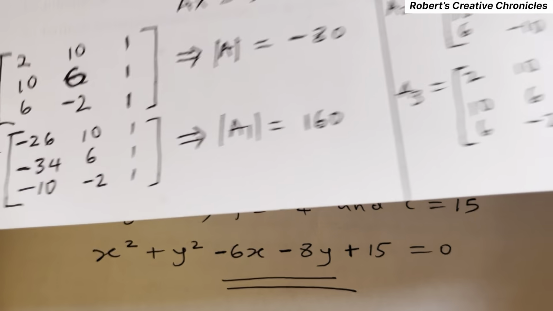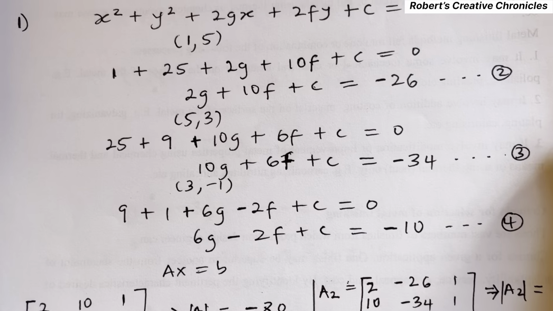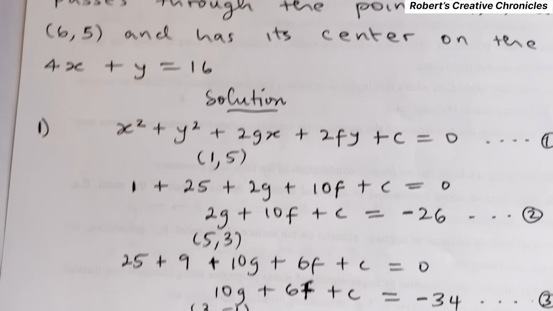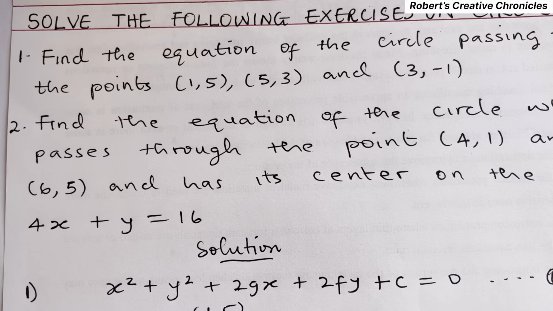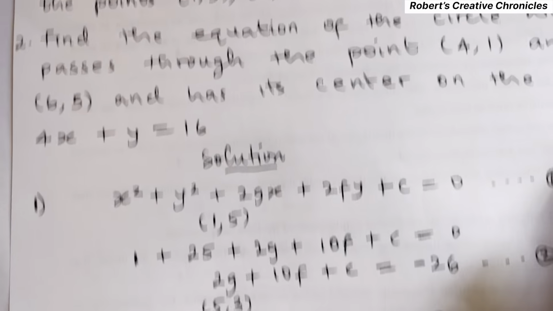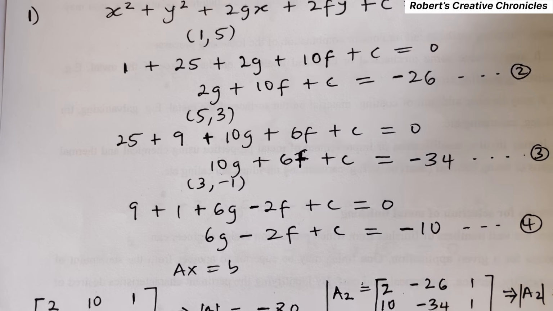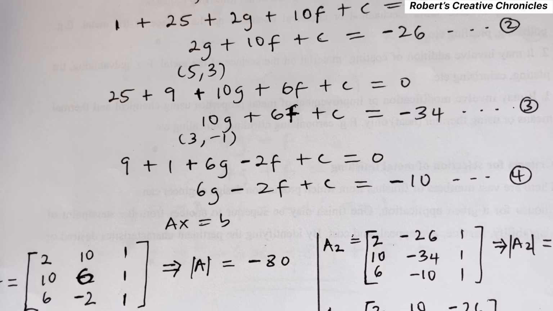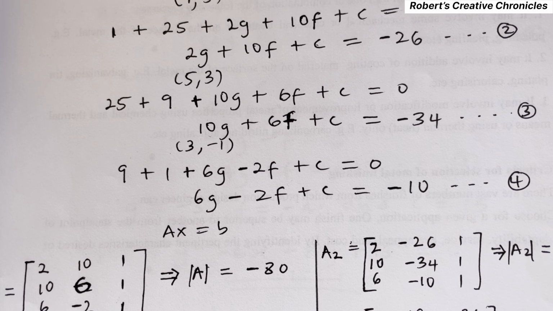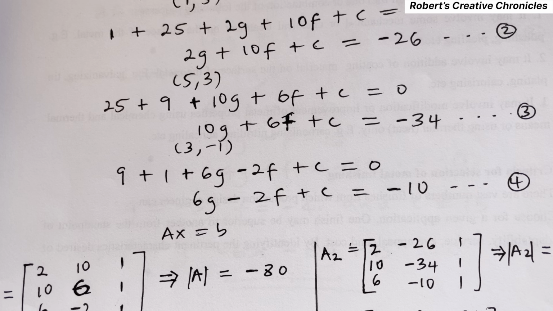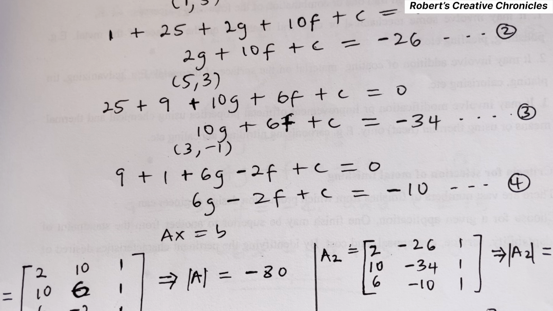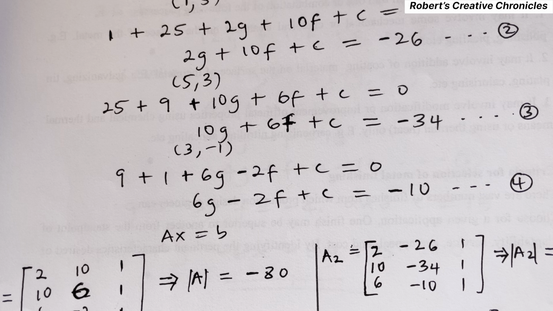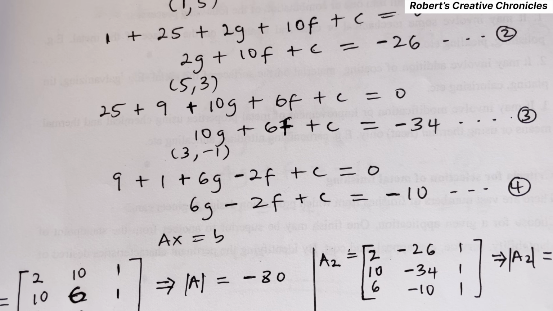So, there's one more thing I wanted to show you today. When you are given points to find the equation of a circle, if it's an objective question and you have been given options, you can easily know the one that is the equation by substituting all the points into the equation. Any equation that you substitute all the points into and it gives you 0, that equation is the equation of the circle.